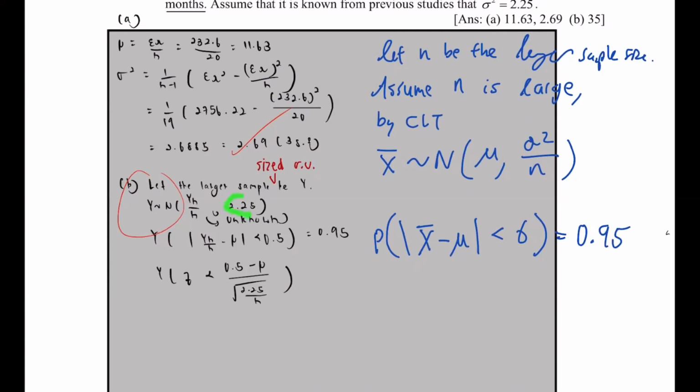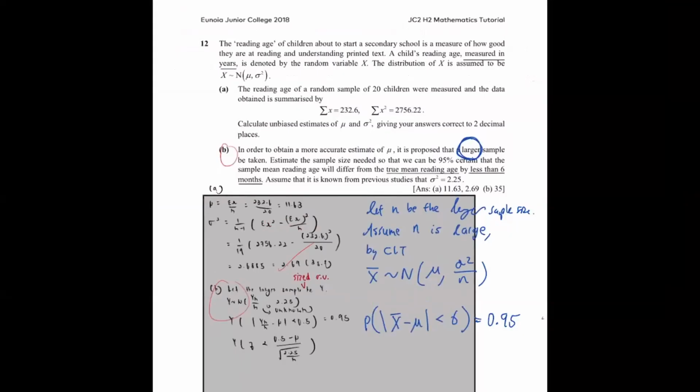How do you get a 2.25 here? How come you got 2.25? I got 2.25. Assume that it is known from previous studies that the variance is 2.25.